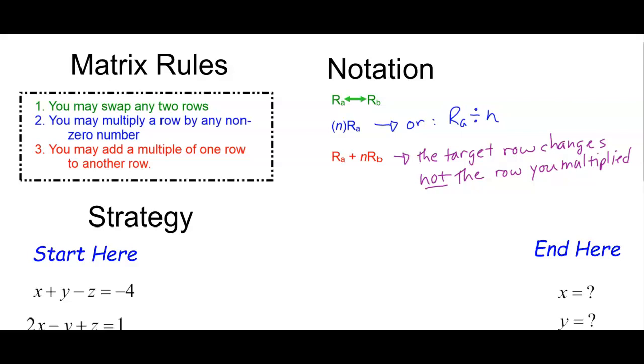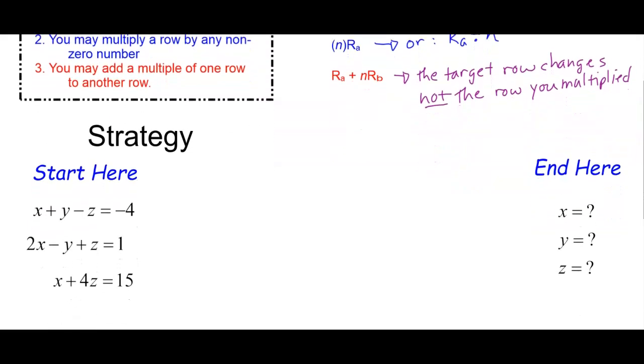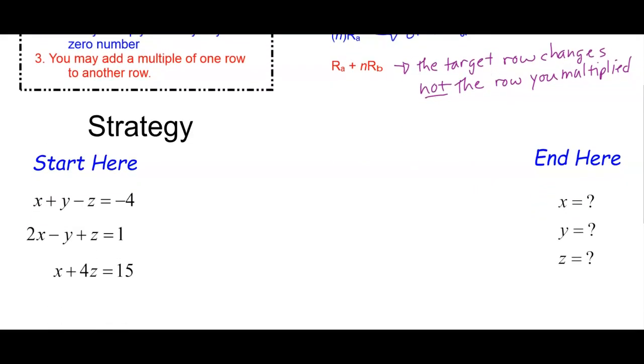And the same thing is going to be true with matrices. The strategy of matrices is to use those rules to start from a system of equations and end with a solution. And a solution is where you've got x equals something, y equals something, z equals something. So the first step is pretty obvious.